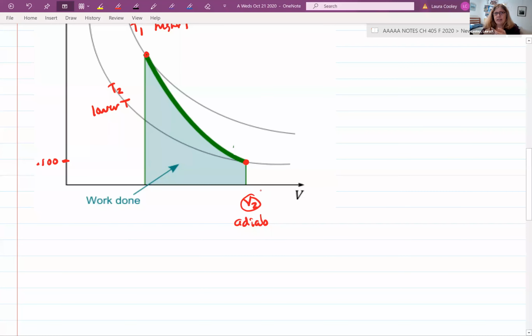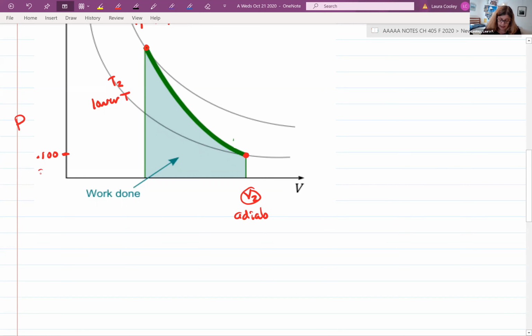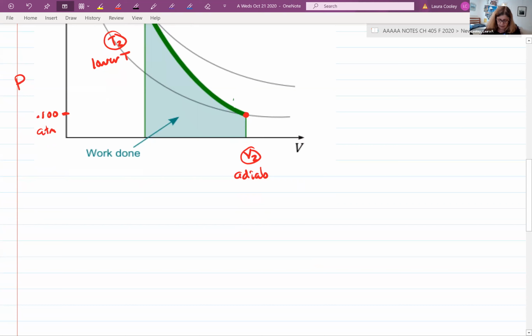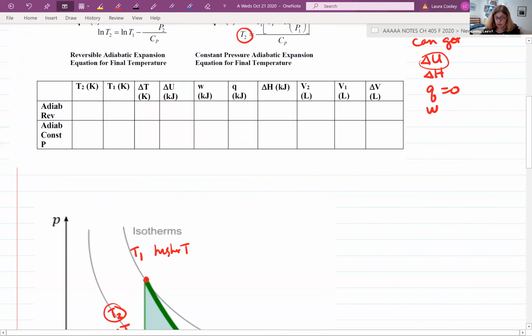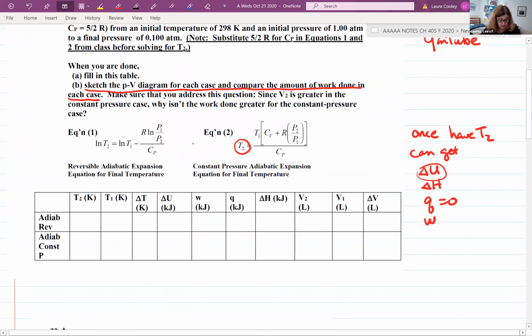In those two cases, we had the same initial state and the same final state. That's not the case for the adiabatic because, like I just said, if the pressure is 0.1 atmospheres at the end but you're at a different temperature, you're going to end up at a different volume. So you're going to have to calculate what those final temperatures are, and of course, that's what you're going to do using these equations here.